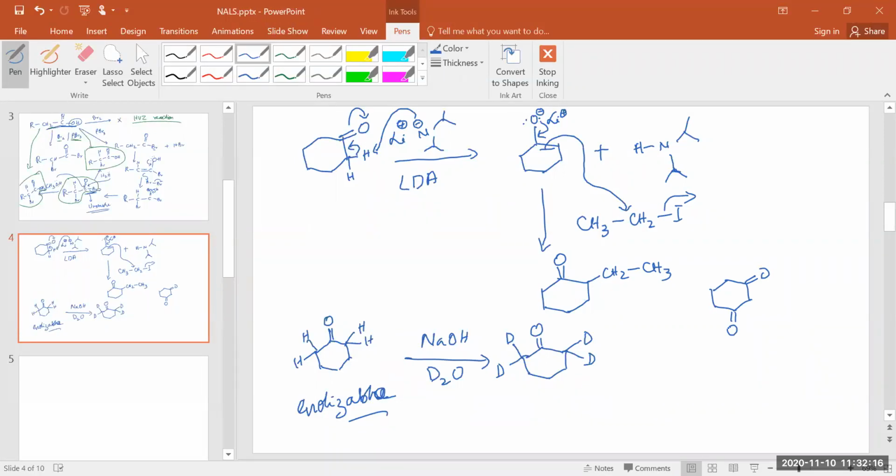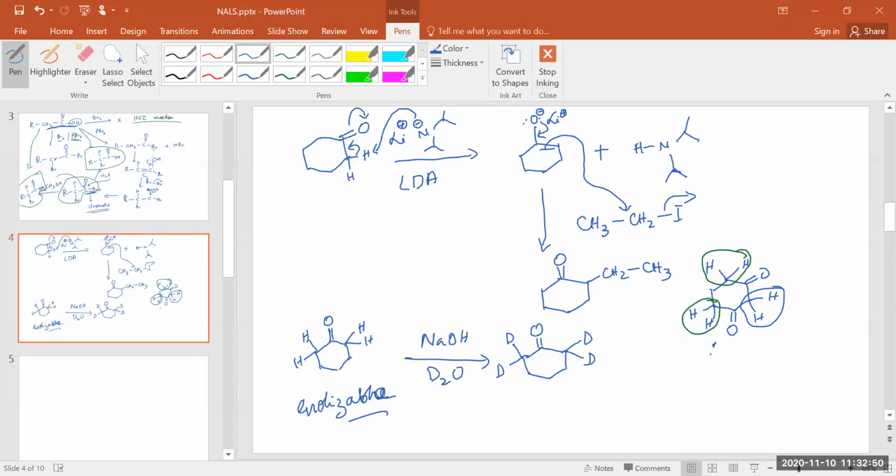How many hydrogens alpha to the carbonyl? 6. So these are enolizable hydrogens. Based on the symmetry, these 4 are the same, and these 2 are the same.